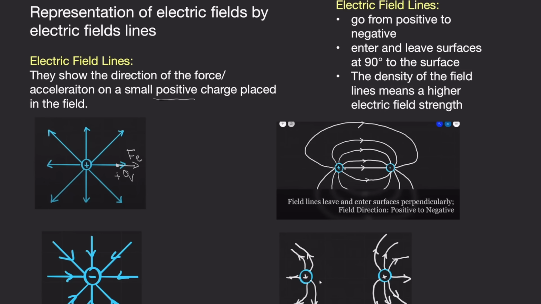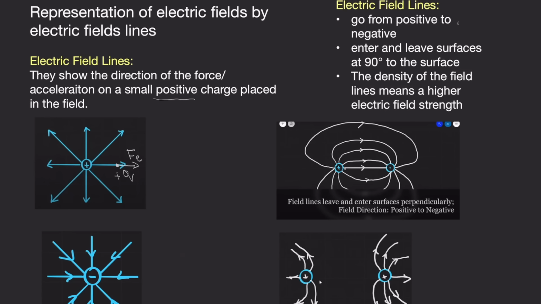However, they can be positive or negative because the force can be both attractive or repulsive. If the charge is negative, the field lines go into the negative charge. If it's positive, they come out of the positive charge. Because of that, we can also say that the electric field lines always go from positive to negative.